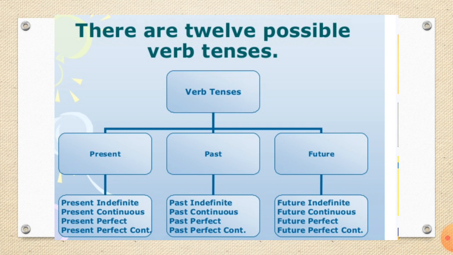Here are the tenses: simple present, present continuous, present perfect, present perfect continuous. In past tense, simple past, past continuous, past perfect, past perfect continuous, and simple future, future continuous, future perfect, and future perfect continuous.